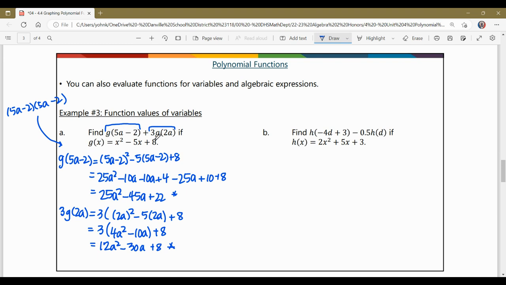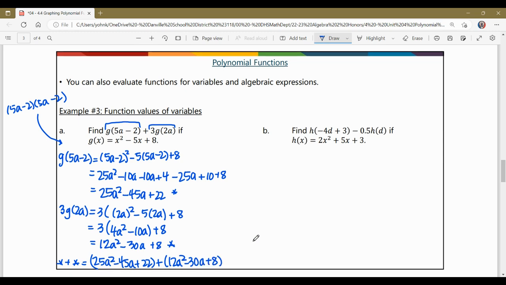So now I need to put them together. So I'm going to do my star plus my star. And I'm going to get 25a^2 - 45a + 22 plus 12a^2 - 30a + 8.